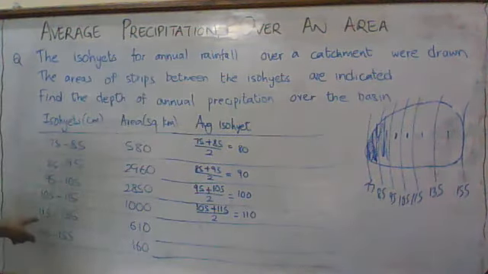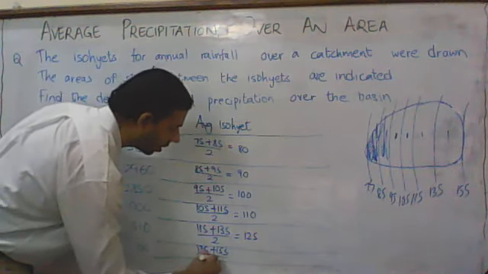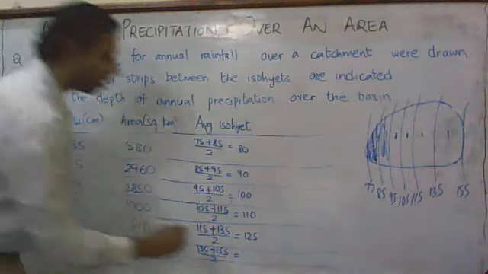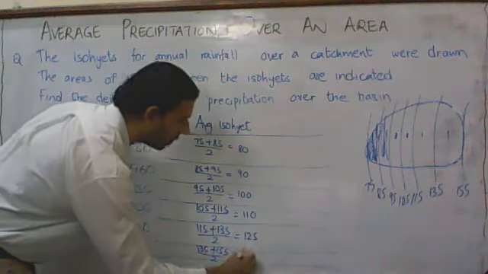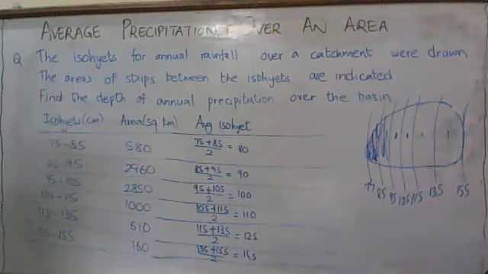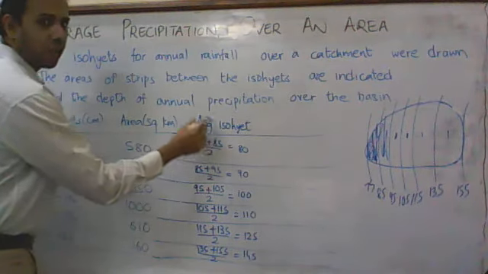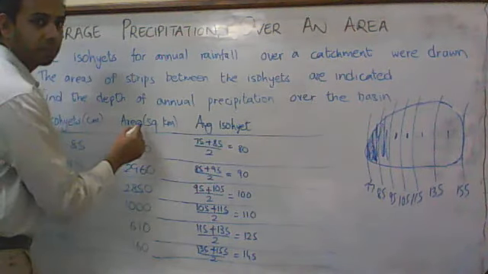And last, 135 plus 155 divided by 2. It comes out to 145. So these are the values of average isoheight. Now simply you have to multiply this value of average isoheight with this area. That will be our next column.